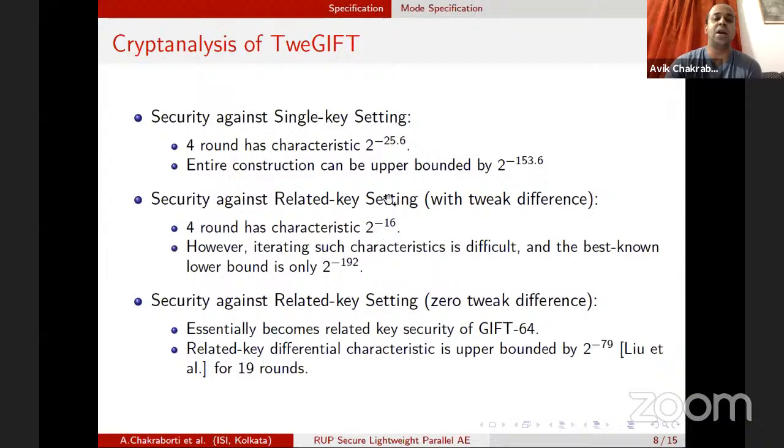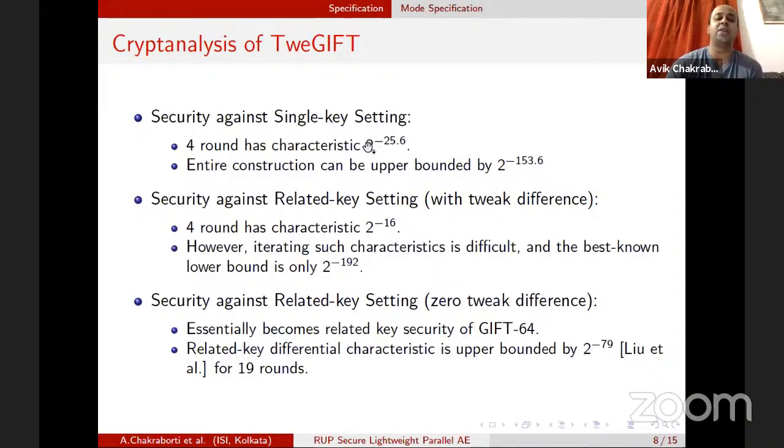In case of security against single key setting, we have found that 4 rounds have a characteristic of 2 to the power minus 25.6. So for 6 cores, it is 2 to the power minus 153.6. In this case, we can achieve a 2 to the power minus 64 characteristic at 16 rounds, so we still have 12 rounds in buffer.